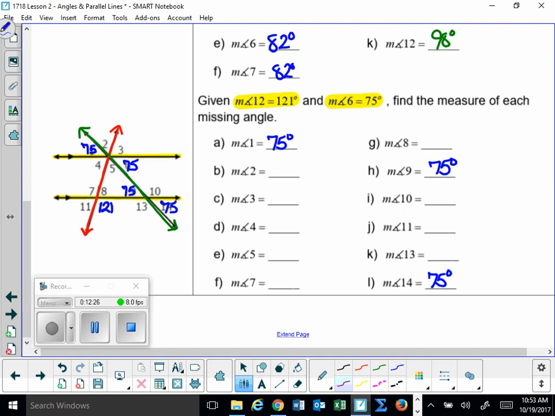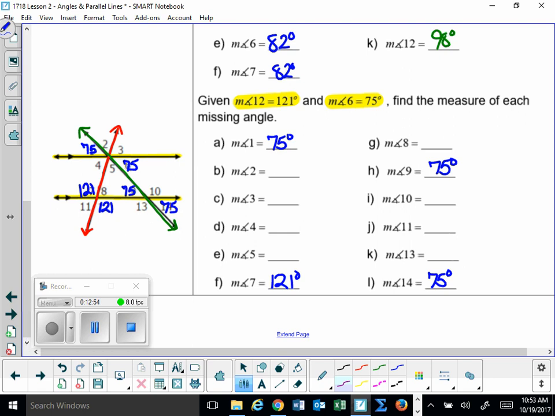Okay, let's look at the 121 degrees. Angle 7 is vertical, so that's 121 degrees. Angle 7 and angles 5 and 6 together would equal 121 degrees. They'd be alternate interior.